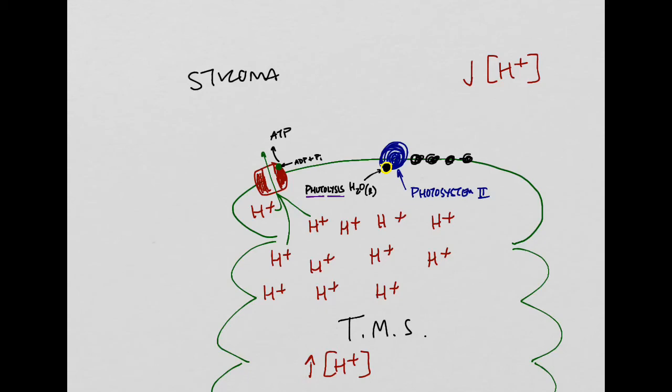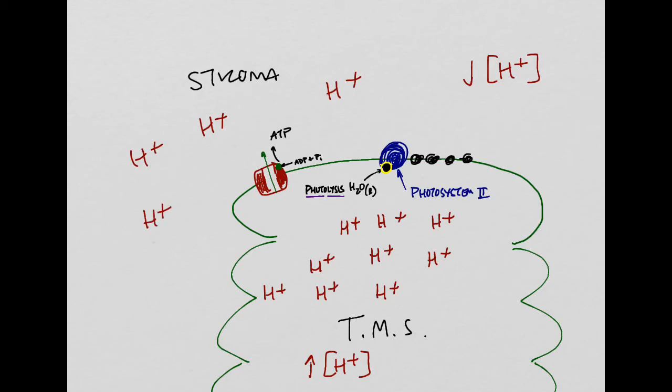Now here's the problem. You can imagine that at some point this is going to lead to having protons out here. Right? And if it's a concentration gradient, things are always moved from an area of high concentration to an area of low concentration.